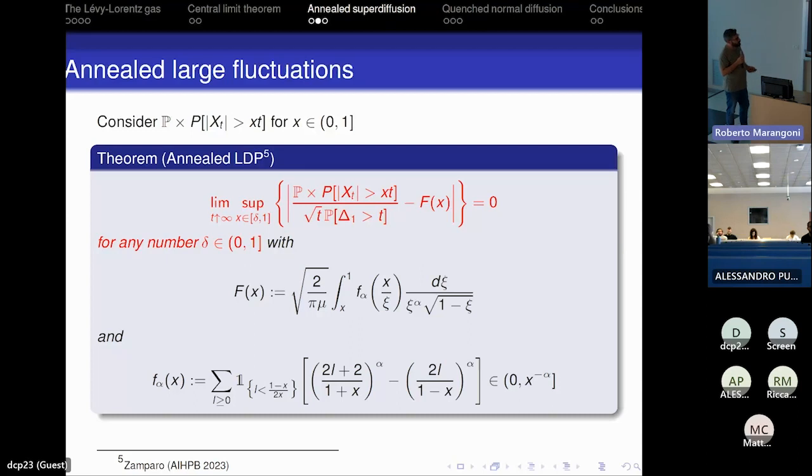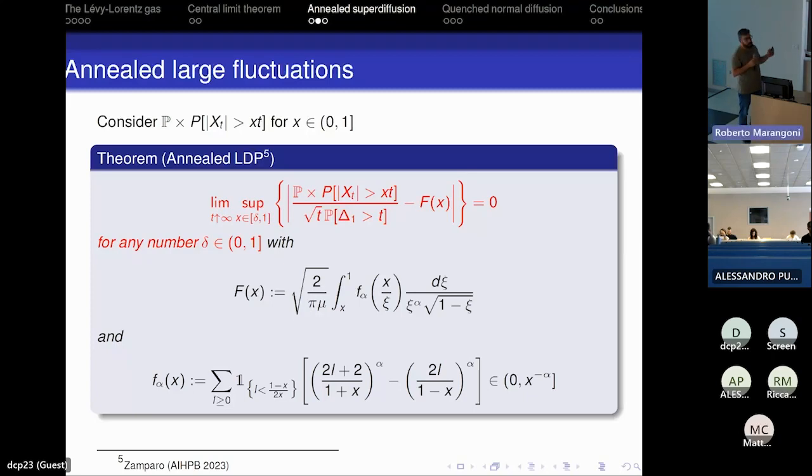Due to the fact that one interdistance between two obstacles takes a very large value in order to realize this event, the particle can perform a long ballistic flight when it enters this gap between these two obstacles. And this is the manifestation of superdiffusion, at least at the annealed level. We see that the quenched situation is different.